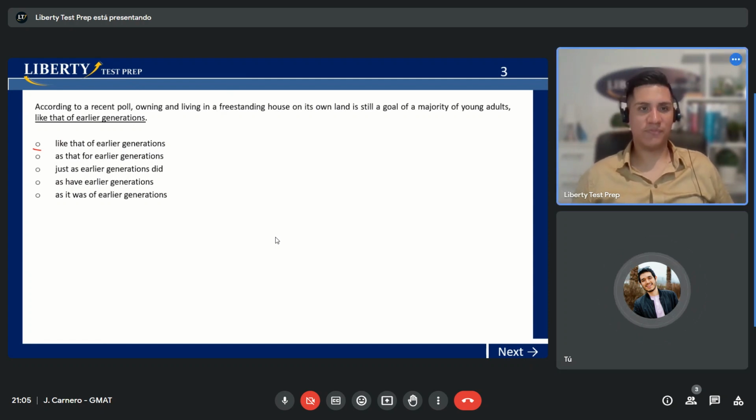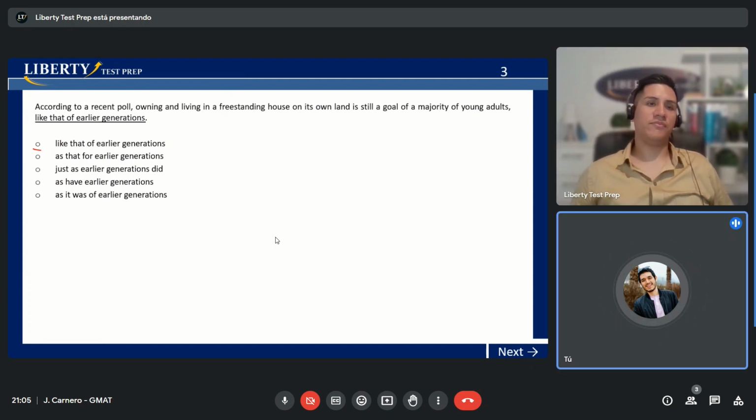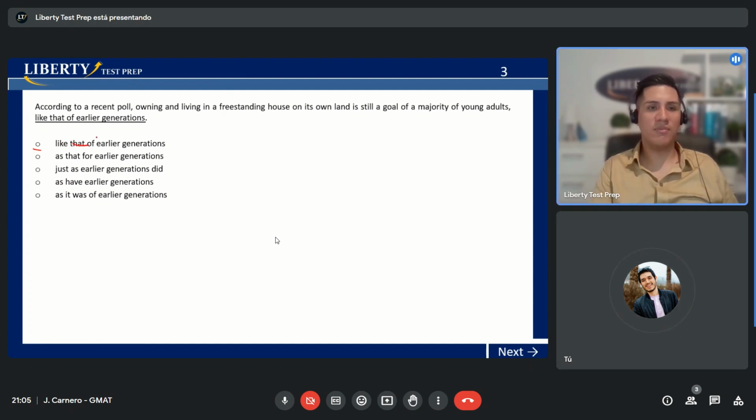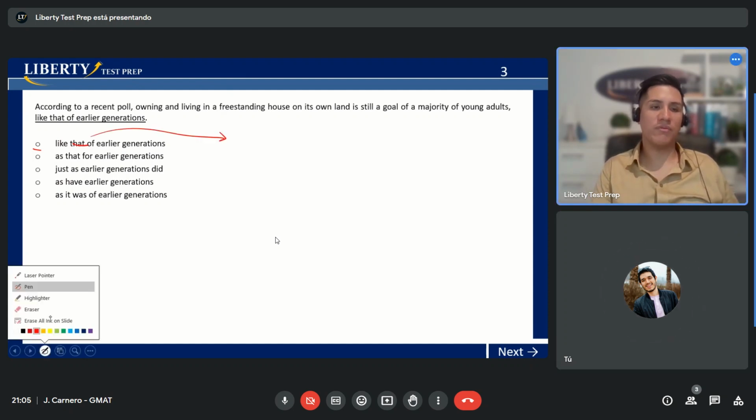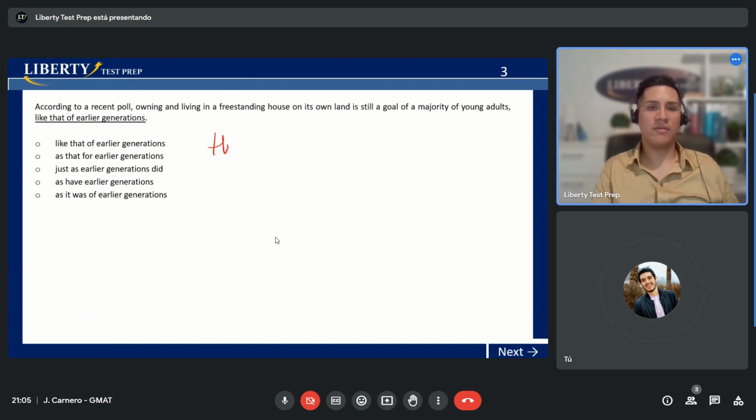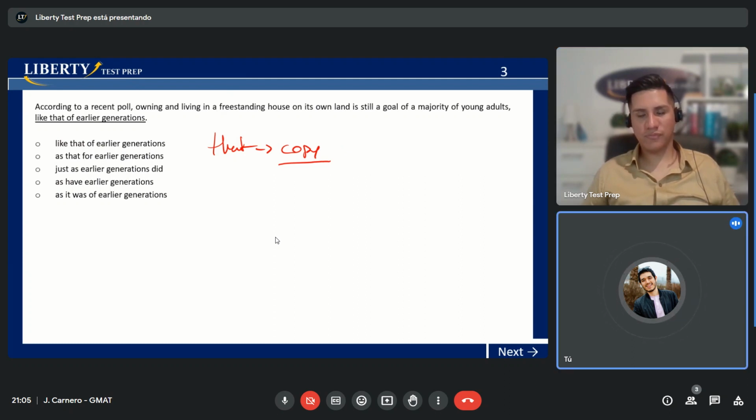So first of all, like that of earlier generations, that is a pronoun of copy, right? That is a copy of what? That of earlier generations, young adults.